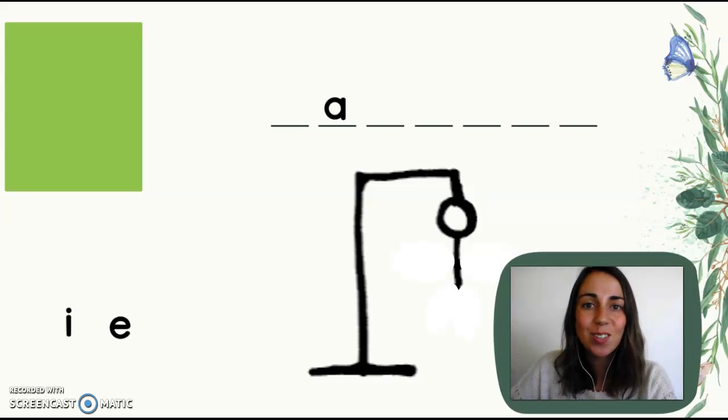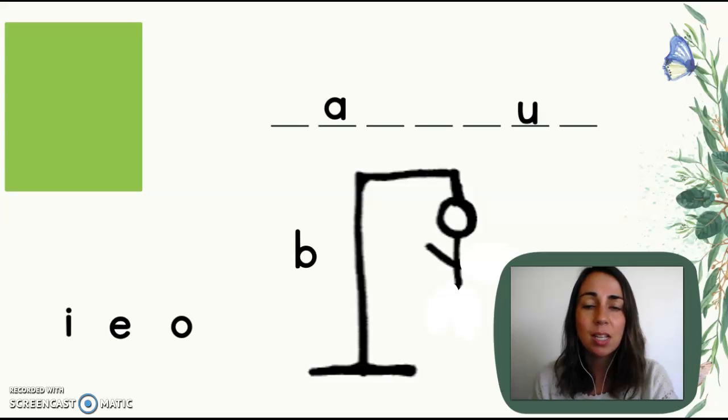Let's see the next sound. Does this insect have an A? Yes, very good. It does have an A. Okay, our next sound is O. Oh, and it's not there in our insect, so the arm of the hangman appeared.